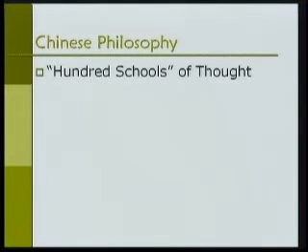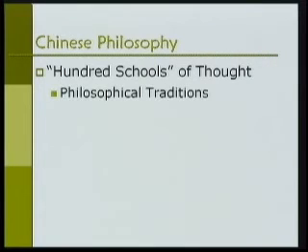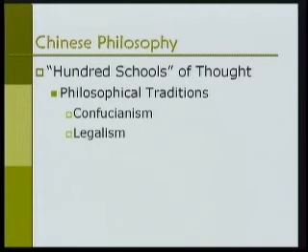Chinese philosophy. During the Zhou Dynasty, you see the rise of the 100 schools of thought. These thoughts were basically philosophies, like Confucianism, Legalism, Taoism, these great philosophical schools that would be born in China.